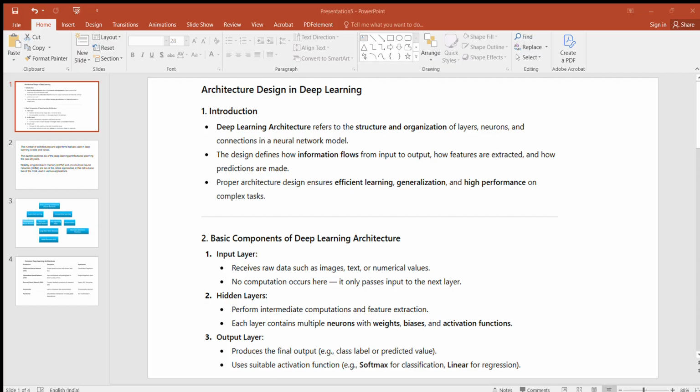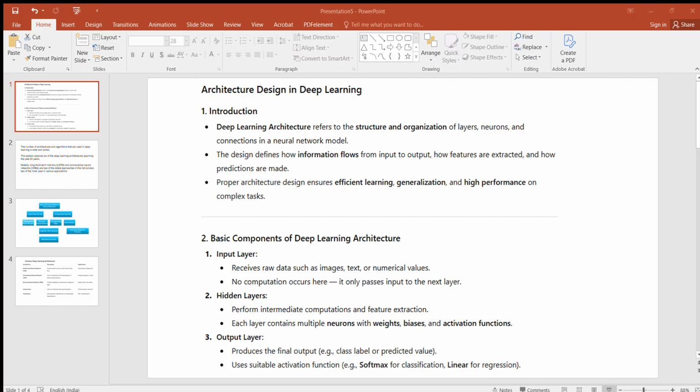The third one is proper architecture design. Proper architecture design ensures efficient learning, generalization and high performance on complex tasks. These are the three things to be achieved whatever architecture you take. Efficient learning means the model you have designed must learn, whatever the problem you give, and provide the solution.